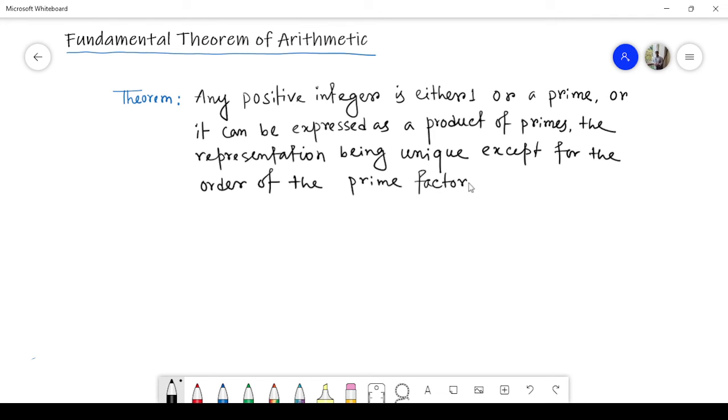So now we know about the statement of this theorem.